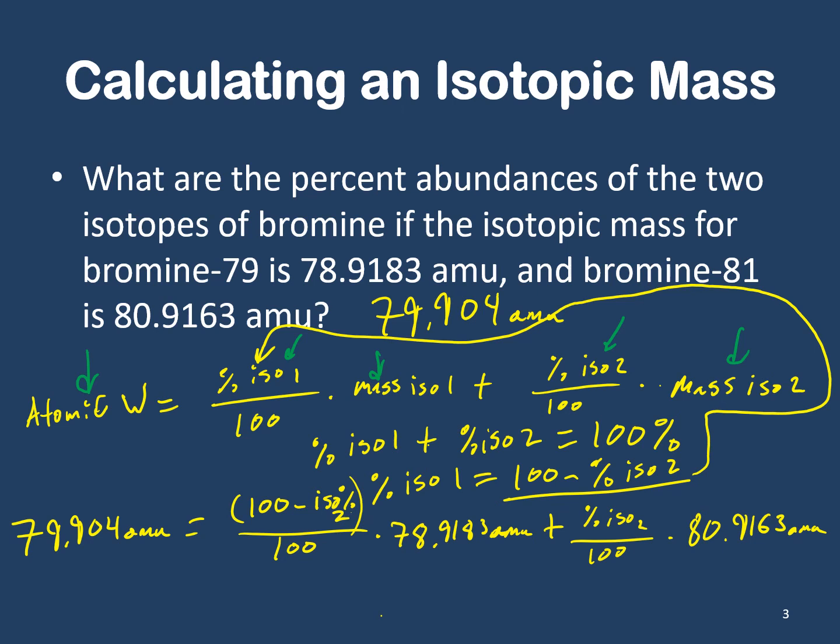So I need to factor out 1 over 100 here, and then I'm going to multiply both sides by 100 to get rid of it. So I'm going to take this and multiply by 100.